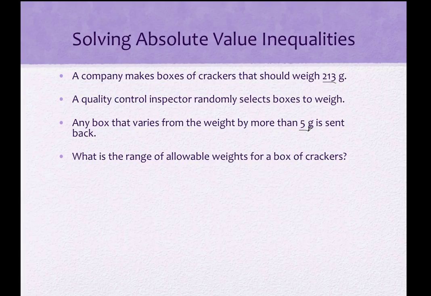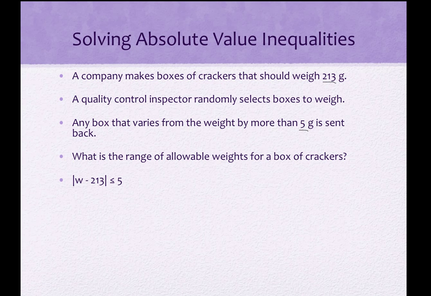But let's set up an inequality so that we can see how we can use what we're learning. We would say the weight of the new box minus what it should be has to be less than or equal to 5 grams. And because it's an absolute value, it could be 5 more or 5 less.